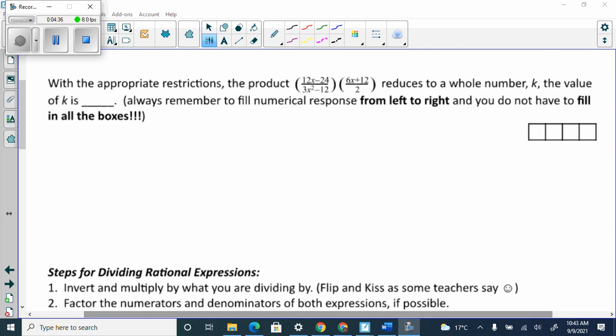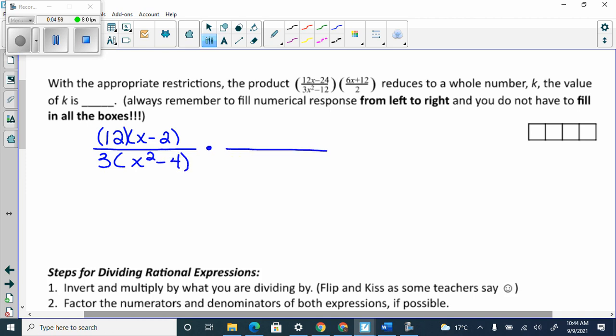Top left, what can I take out? 12. And I'm left with x minus 2. Bottom I can take out a 3, and I'm left with x squared minus 4, which we'll get to in a second.